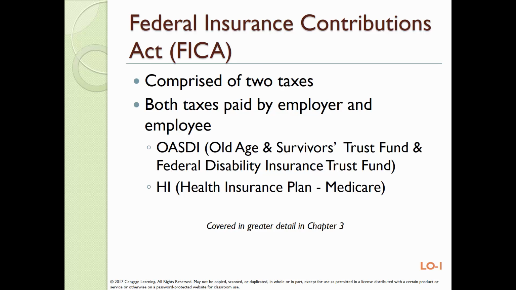I'll show you the cap when we go through the tax table at the end of class. The other part of FICA is HI, and we call that Medicare. Lay people call that Medicare, which is the government's health insurance, essentially.